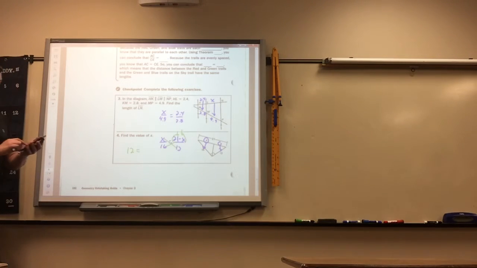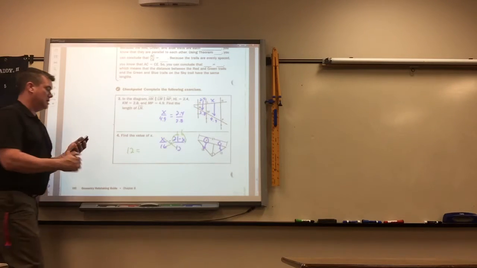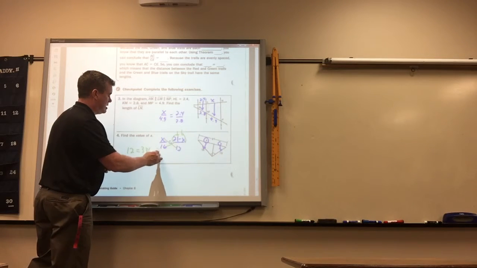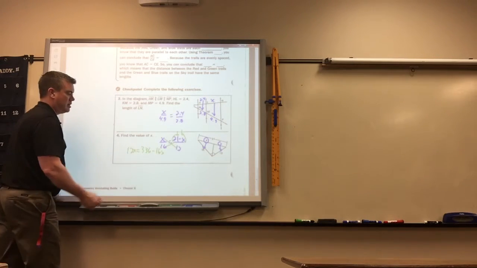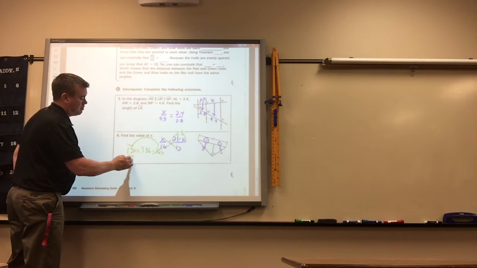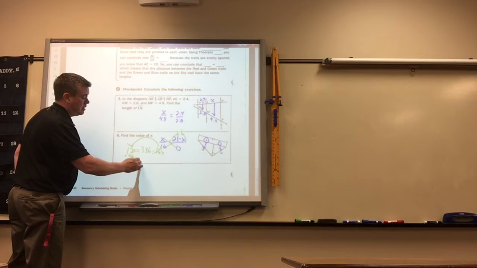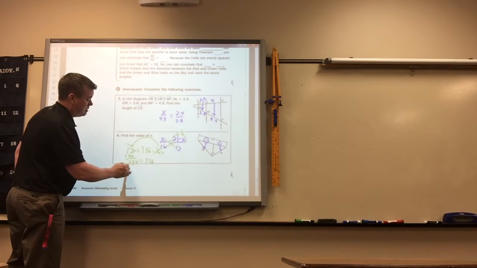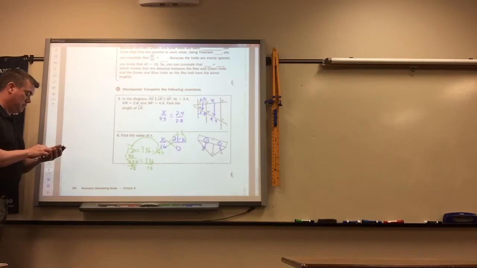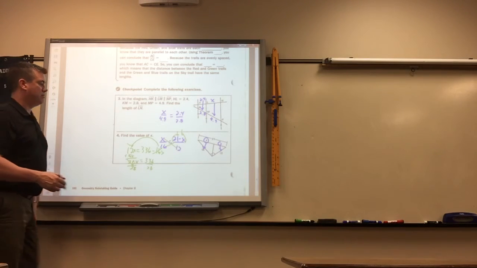So 16 times 21 is 336. 16 times negative X is negative 16X. Got the X there. So we just gotta add 16X to get it over with the other one. And then divide by 28. And you get 12.